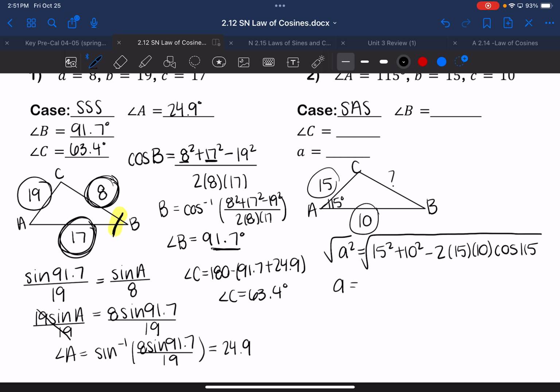So what is the square root of 15 squared plus 10 squared minus 2 times 15 times 10 times cosine of 115? 21.26. Good. Perfect.